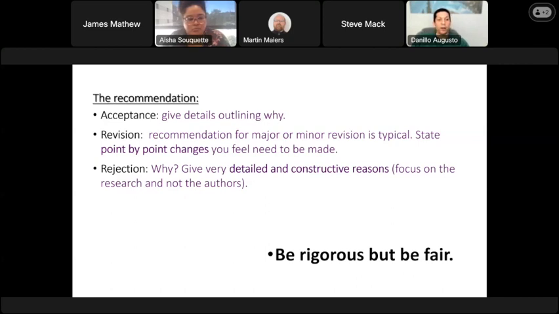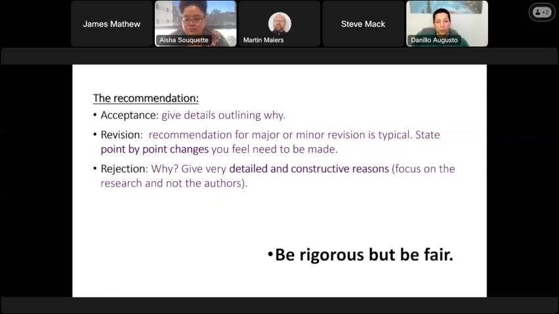If you think, okay, it seems to be a good paper, but I have some questions or some things are unclear, maybe this analysis is not really appropriate, maybe they could do it differently, then you can recommend a revision, but please state the point by point changes that you think should be made in that paper to improve it.